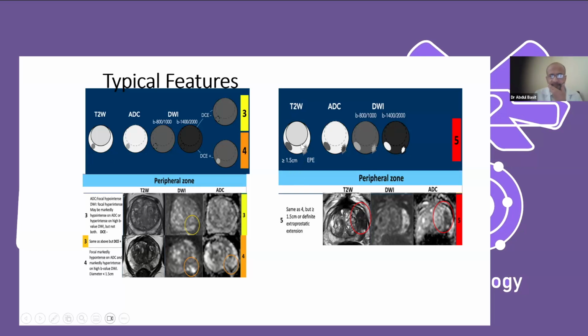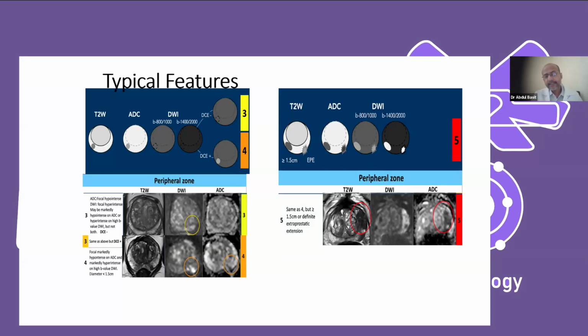The only difference between category 4 and category 5 is the size criteria. If the lesion is up to 15 millimeters, less than 1.5 centimeters, it is categorized as a category 4 lesion.